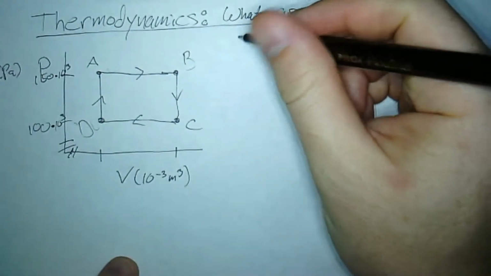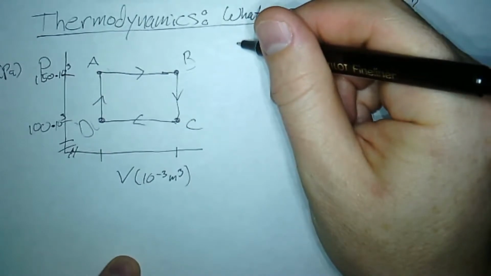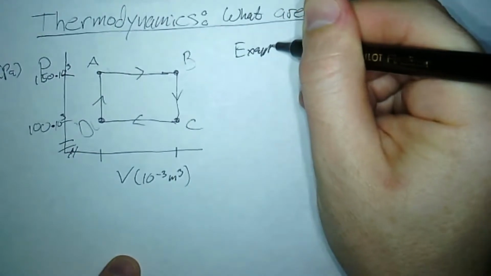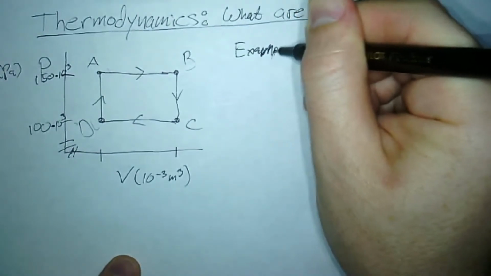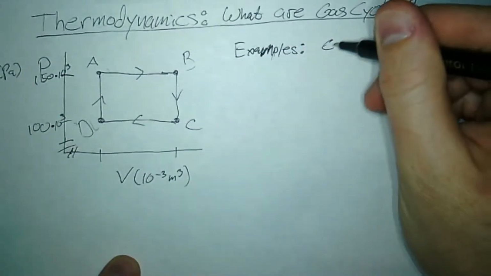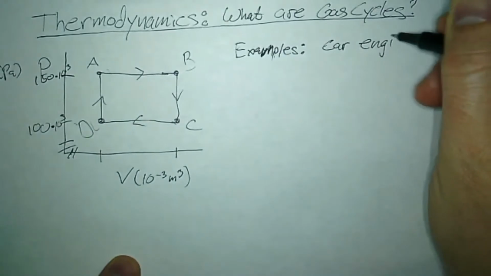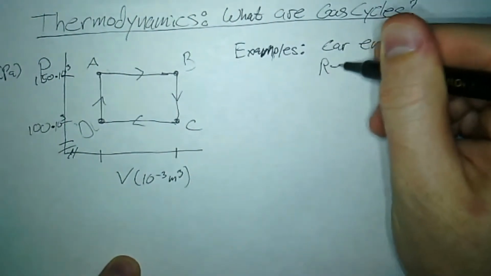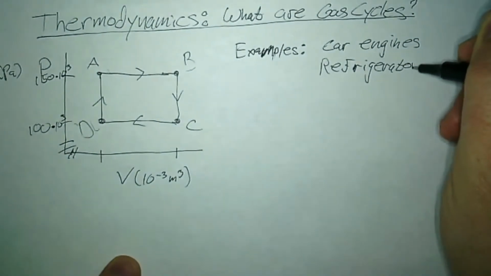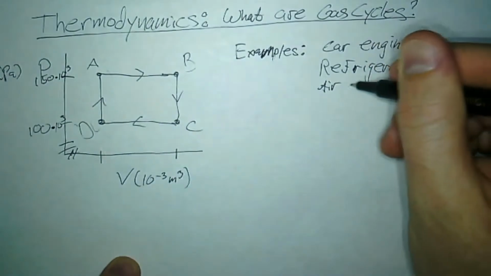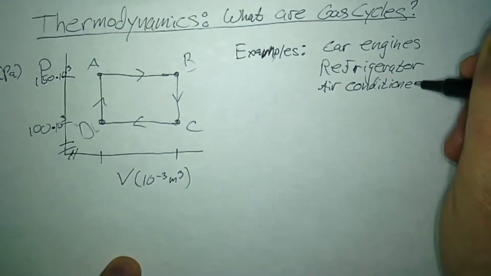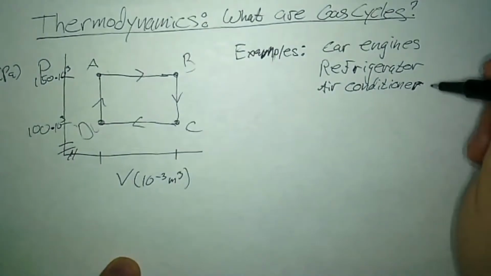Things that run off gas cycles, that we can use them to understand, are going to be car engines, refrigerators, air conditioners. Anything that you can think of like that. Those are probably some of the most classic examples.